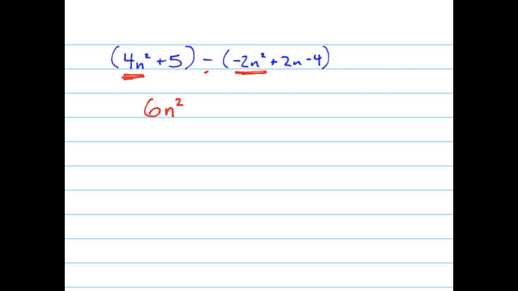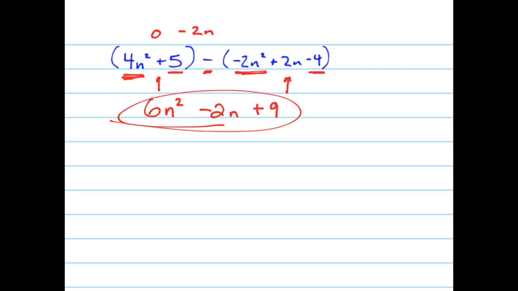Then you notice that we don't have an n term in the first grouping, but we do in the second grouping. So if we have 0 n's in the first grouping minus 2 n's in the second grouping, we get a total of negative 2n. 0 minus 2n gives us negative 2n. And then we have 5 minus negative 4, which is the same as 5 plus 4, which gives us 9. That's our difference.